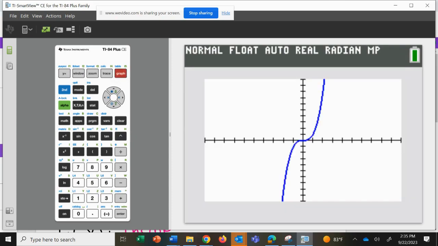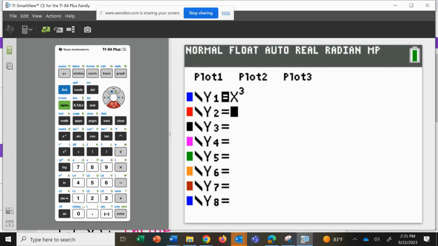X and then caret. Okay, so we've got this kind of fun squiggly graph. Let's go to Y equals. We're going to do something on the inside. So I need to open a parenthesis, X, and we're doing minus this time.